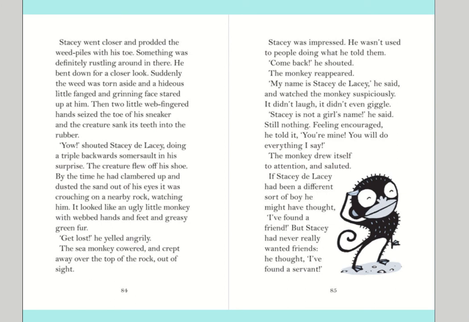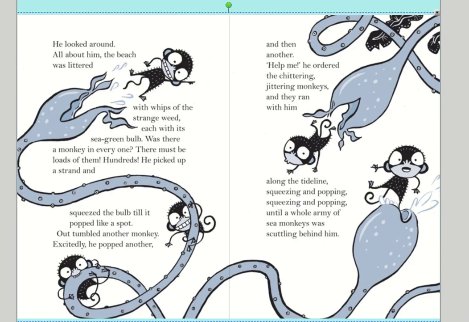If Stacey DeLacy had been a different sort of boy, he might have thought, "I found a friend." But Stacey had never really wanted friends, he thought. "I've found a servant." He looked around. All about him the beach was littered with whips of the strange weed, each with its sea-green bulb. Was there a monkey in every one?